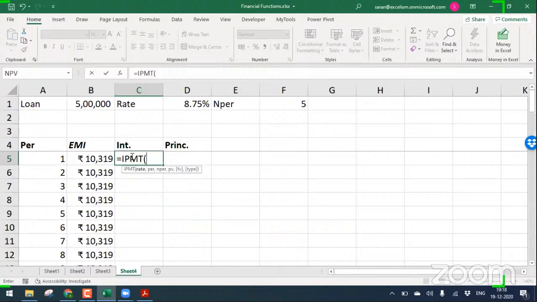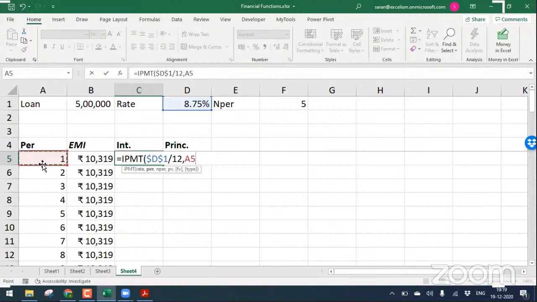So IPMT means interest payment for the nth period. So rate this divided by 12 because it's monthly, periods this into 12 because it is monthly. Now, sorry, I think PR is nothing but the nth period. For which period you want to calculate the interest? This is the period.